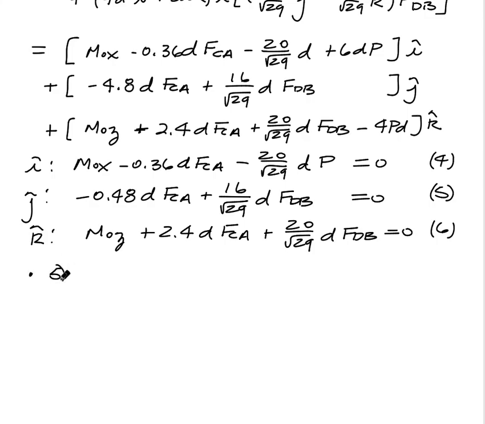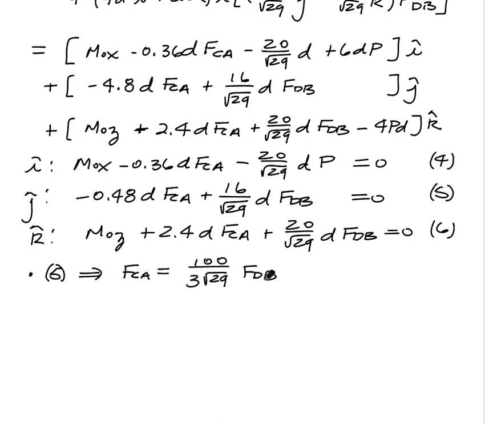I'm going to take equation 5, and from equation 5 I get that FCA is equal to 100 divided by 3 square root of 29 times FDB.